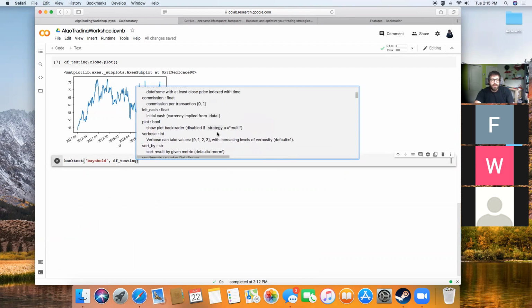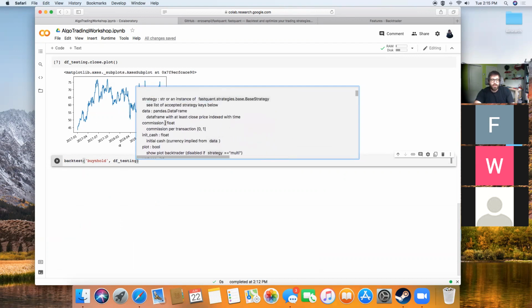There are things like commission. So is there a commission per transaction, for example? The default is 0. In real trading, if you want to buy or sell, there's a commission fee for this transaction. So in many cases, if you have a strategy that buys and sells very frequently, in a real environment you will probably lose a lot of money because with every transaction you will have to pay a fee.